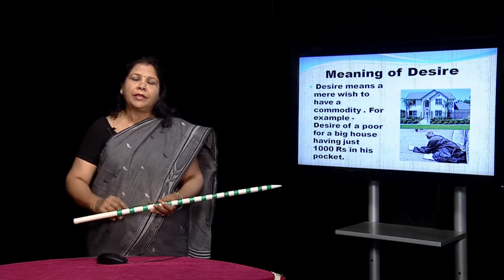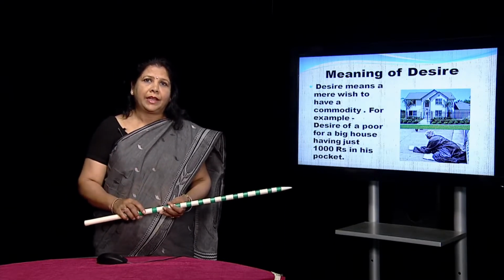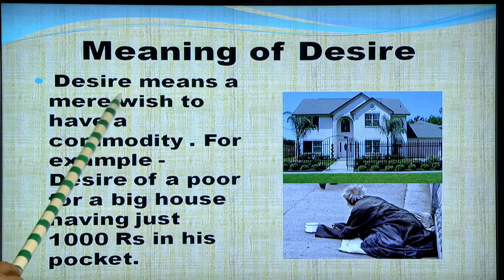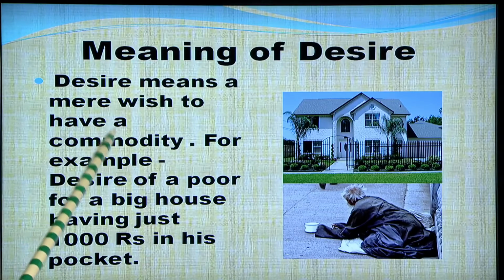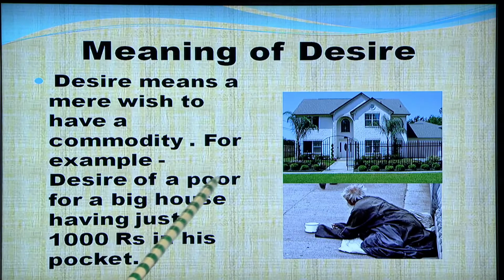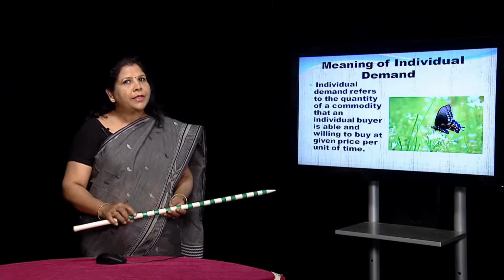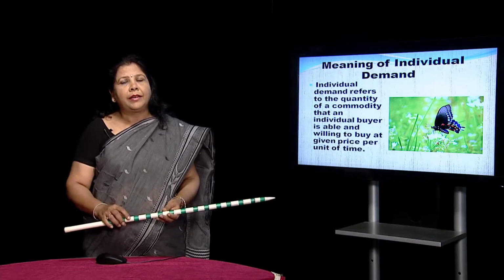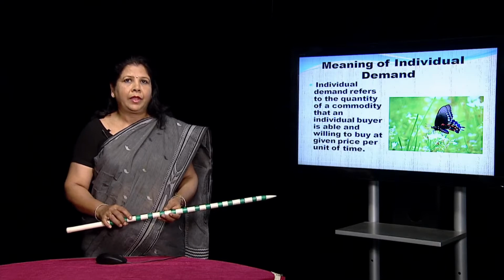How is demand different from desire? Desire means a mere wish to have a commodity. For example, the desire of a poor person for a big house, having just rupees 1000 in his pocket. So, how is this poor person able to convert his desire into demand?